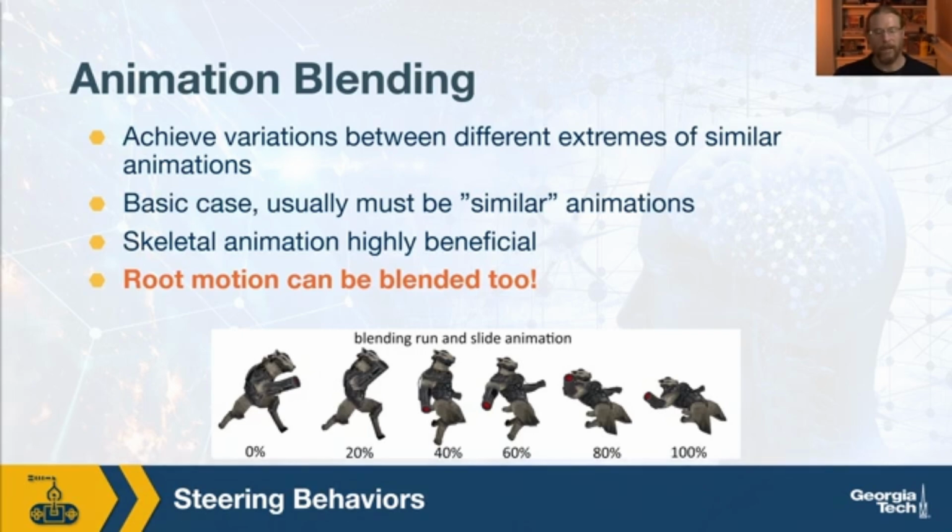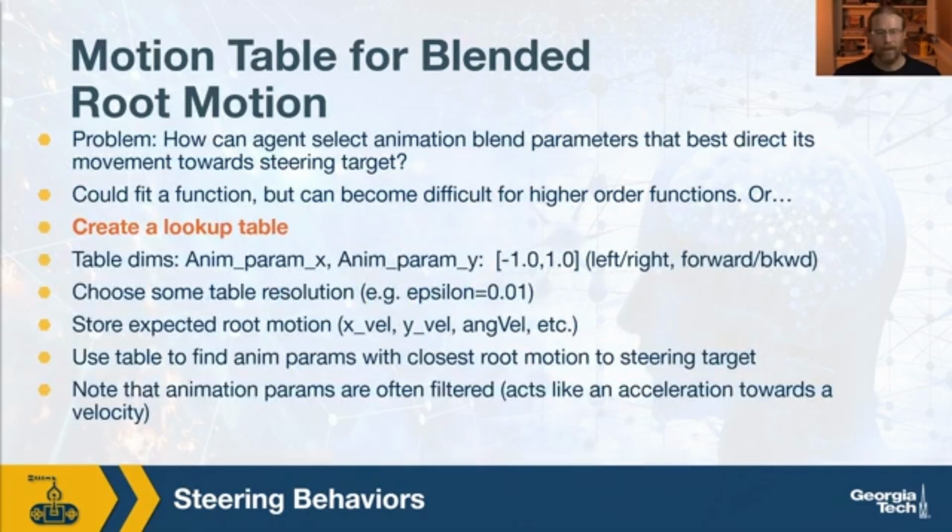But with an animated character, we don't have that sort of direct control, especially one with this root motion and blended animation. All of those values are outputs from this animation system that's running. So how can we make that work with root motion? And so this is a real challenge.